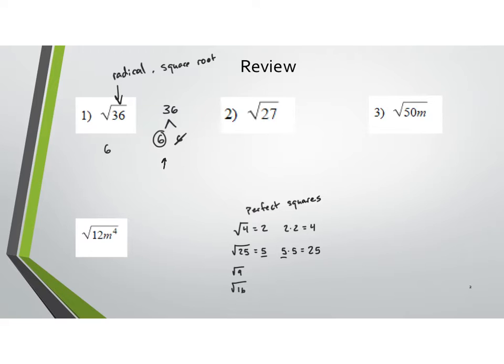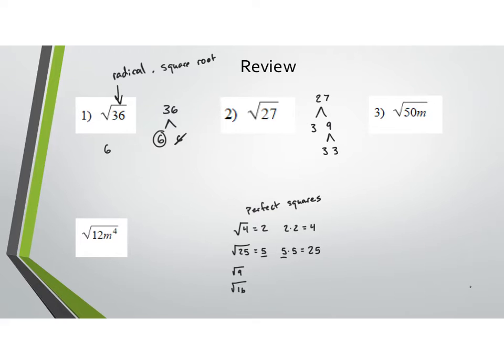Now this whole circling and crossing out thing may seem a bit redundant, unneeded for perfect squares, and it kind of is, but when you get into your more complex numbers, it's very helpful. Let's go on to the next one. So again, I'm going to pull out 27. What are two numbers that multiply to 27? Well, that's 3 and 9. Two numbers multiply to 9, you got 3 and 3.